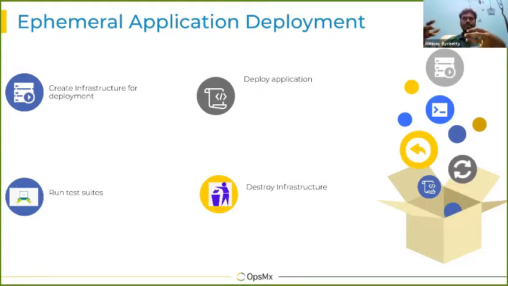Typically, we have our clusters or infrastructure running somewhere, and our continuous delivery pipelines would build stuff, deploy stuff onto some environment, run some test suites, get the results and be done with it.